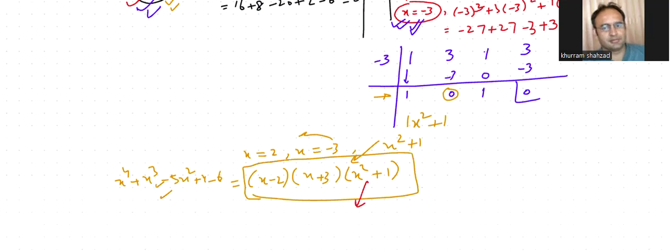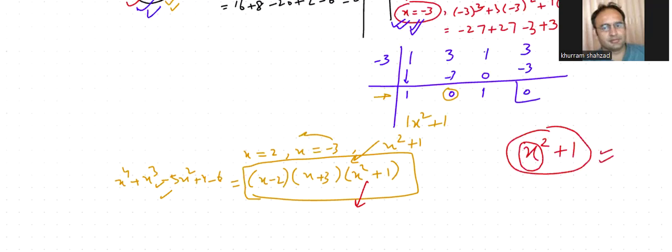We cannot factorize this further because we cannot find any real number which can make this 0. We don't have any real number that we can set in place of x and get answer 0. So this is our required factorization.